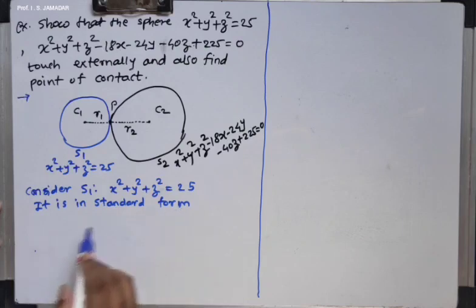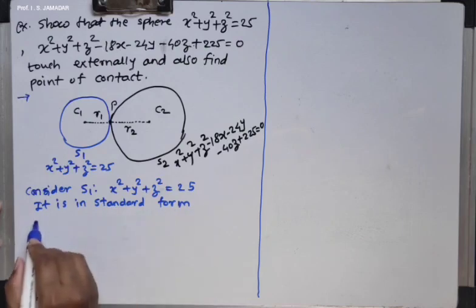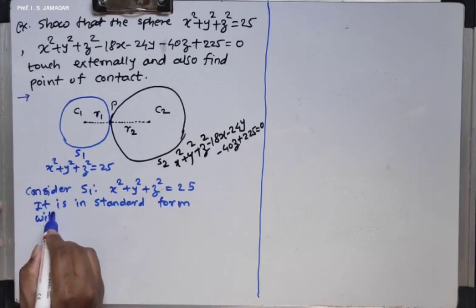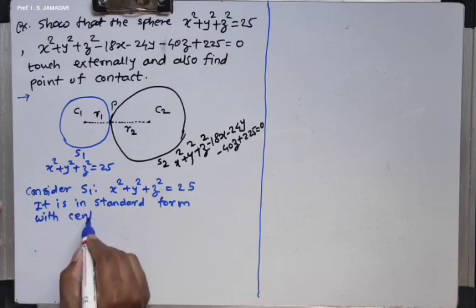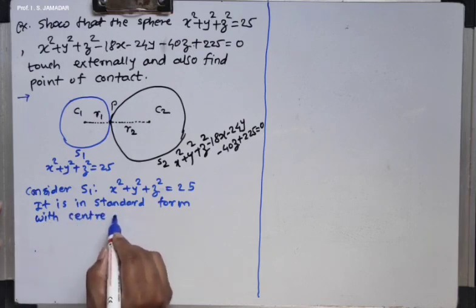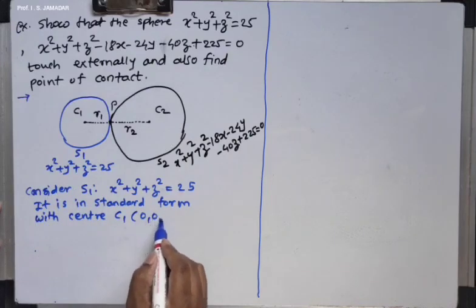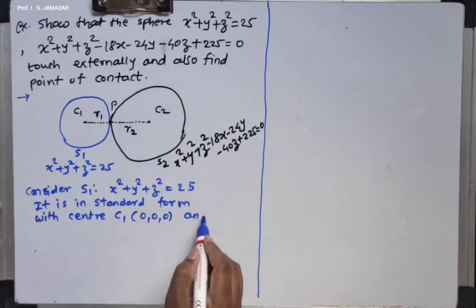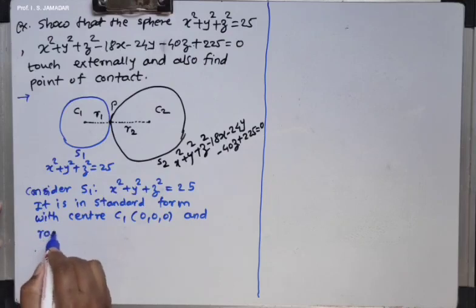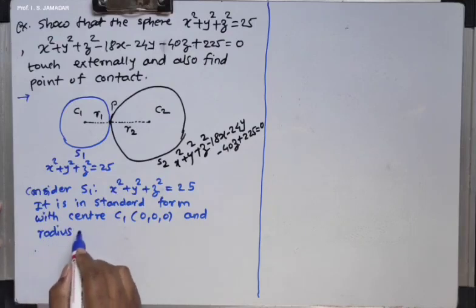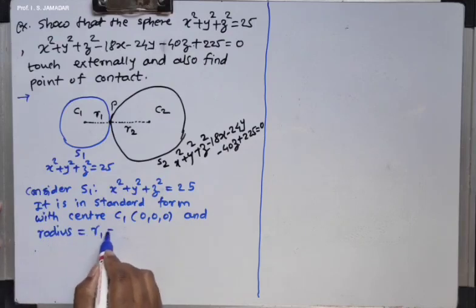In standard form, the center, we are calling it C1, is the origin, and the radius R1 is 5.